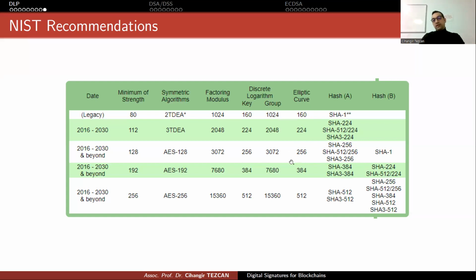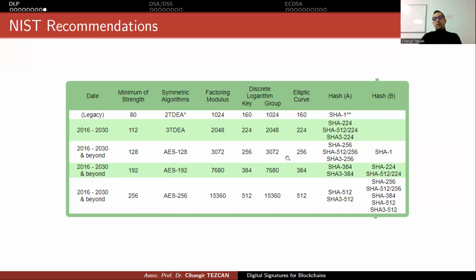So, for instance, if you want the RSA encryption, again, your factoring modulus, the group size should be like this, 3072 bits. So this is the whole idea. This is why Bitcoin uses elliptic curves, okay? Or Ethereum or any other cryptocurrency that uses the libraries from the Bitcoin implementation.